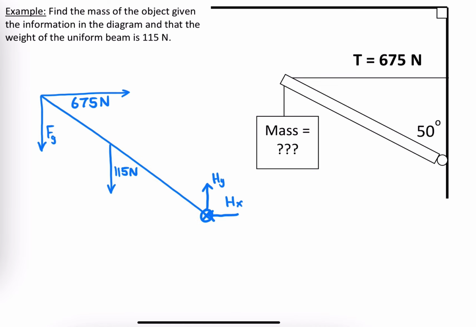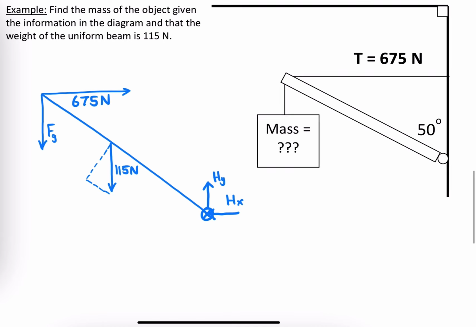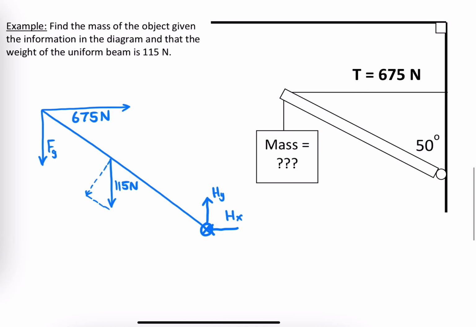Let's start with this 115 newtons. I'm going to break this into one component that is perpendicular to that distance, perpendicular to the beam, and one component that is parallel to the beam. And then I'm going to do the same up here with my FG.